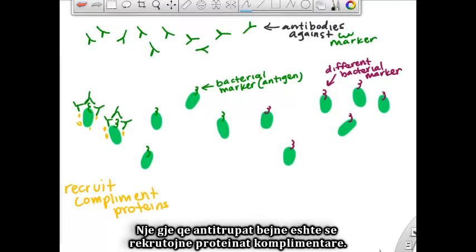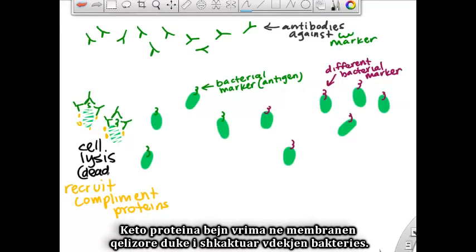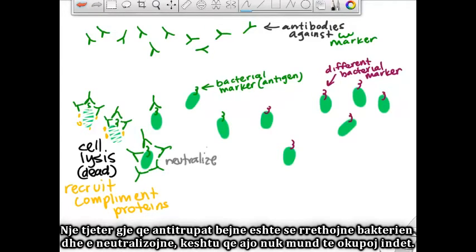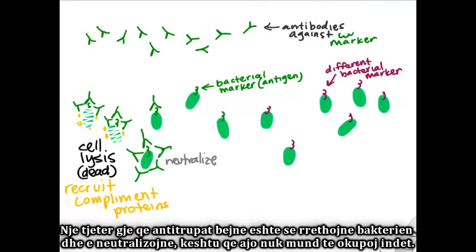One thing antibodies can do is to recruit complement proteins. The complement proteins can punch holes in the cell membrane, causing the bacteria to die. The other thing the antibodies can do is to surround the bacteria and neutralize it so that it can't invade your tissues.